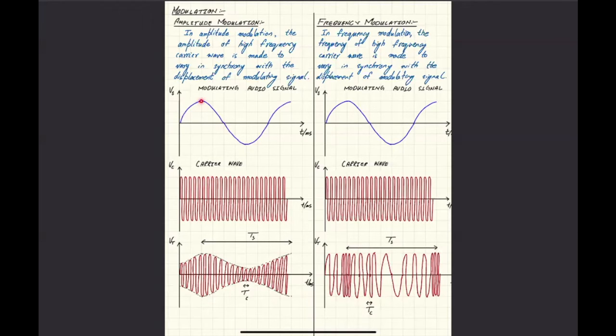When the audio signal is high, the amplitude would be high. When the audio signal is low, the amplitude would be low. So you send a carrier wave of a particular frequency, then you vary the amplitude of the carrier wave in synchrony with the audio signal: higher amplitude with higher signal and lower amplitude with lower signal.